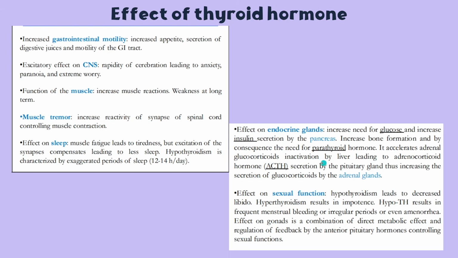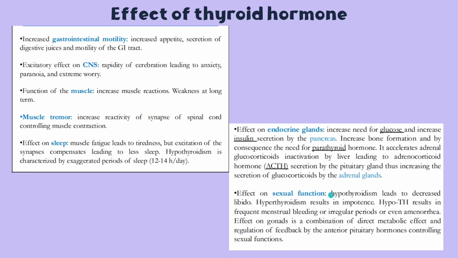Due to that, we'll have an increase of ACTH by the pituitary gland, which will increase the secretion of glucocorticoids by the adrenal gland. So the pituitary gland is stimulated by this inactivation, has ACTH. ACTH works on the adrenal gland, and now we secrete glucocorticoids. So for endocrine glands: pancreas, parathyroid gland, pituitary gland, and the adrenal gland.